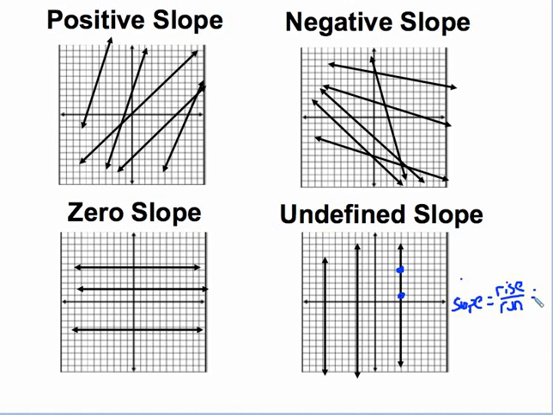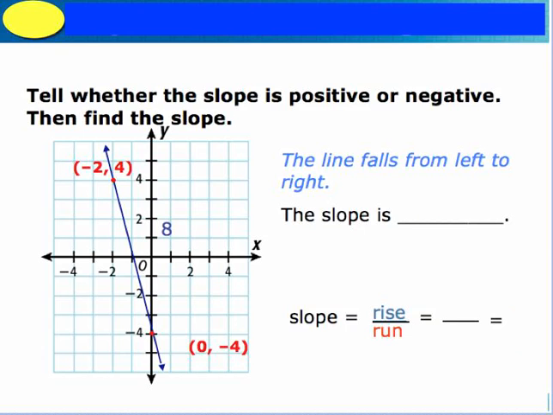In this case, I've picked 2 points that are 1, 2, 3, 4 boxes apart, and I have 0 run. Whole bunch of rise, no run. But anything divided by 0 is undefined. So we say that vertical lines are undefined slopes. Okay? Moving on along.